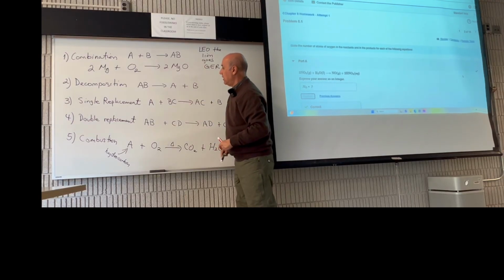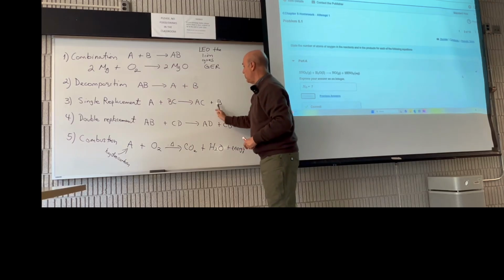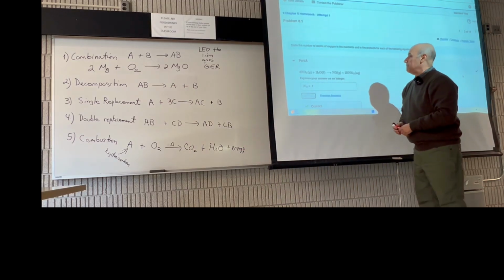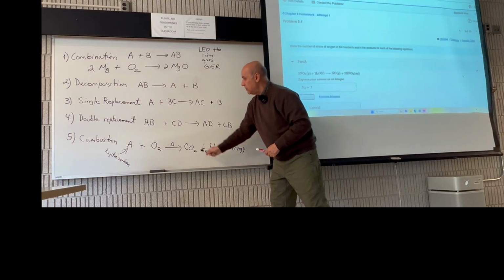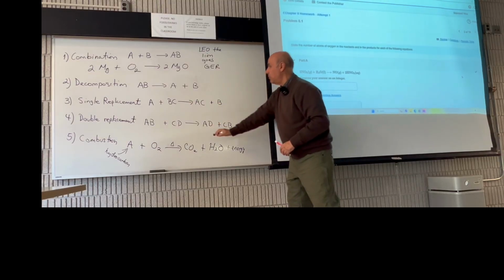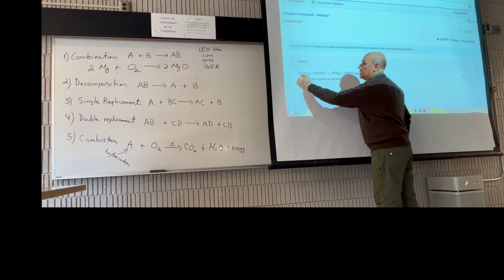Now let's take a look at the single replacement. You start with 2 different chemicals and you end up with 2 different chemicals. So it could be that, but it could be this one too. This one is out. So is it a single replacement or is it a double replacement? Well, look at the 2 chemicals. This has nitrogen and oxygen.